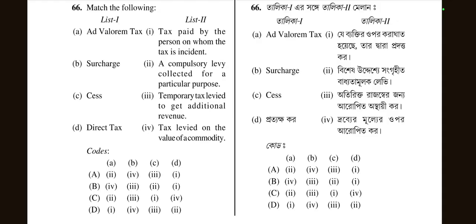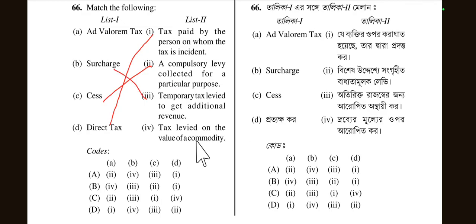So direct tax is the right option. Then a compulsory levy collected for a particular purpose is called cess. Then a temporary tax levied to get additional revenue is called surcharge.